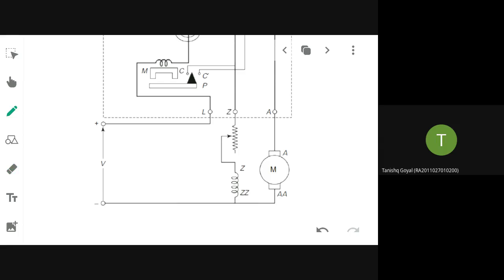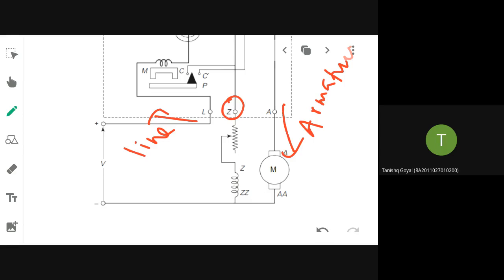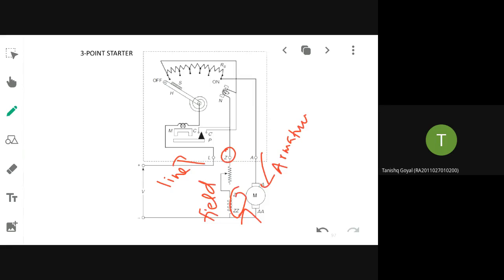So this is going to armature. This is going to line. And the remaining Z goes to where? Z represents field winding. Okay, so these are the 3 points. That is why it is called a 3-point starter. And this is shown for a shunt machine.